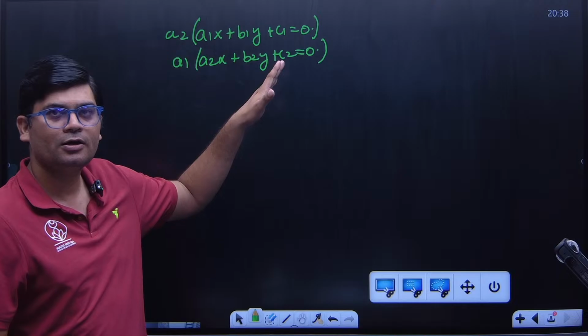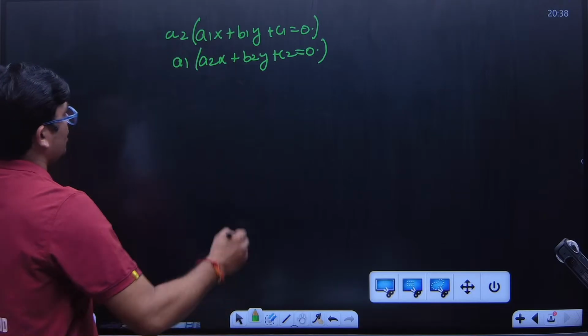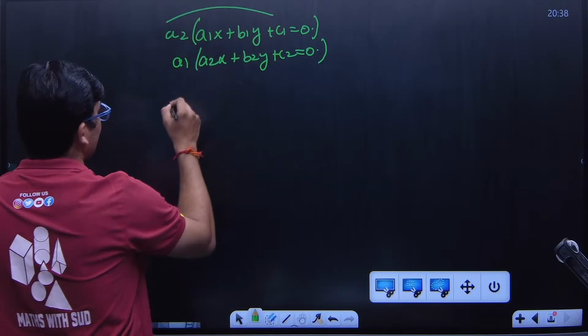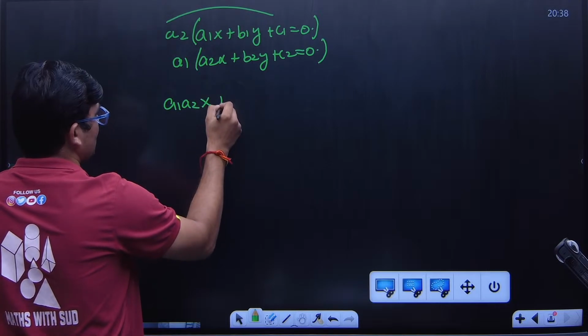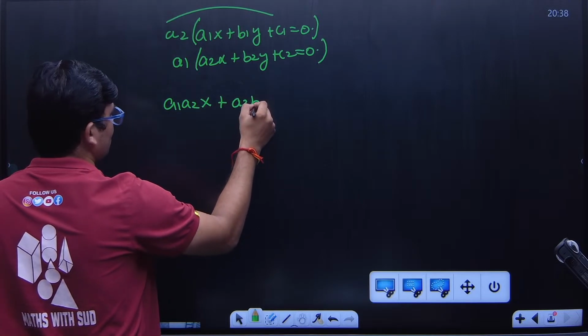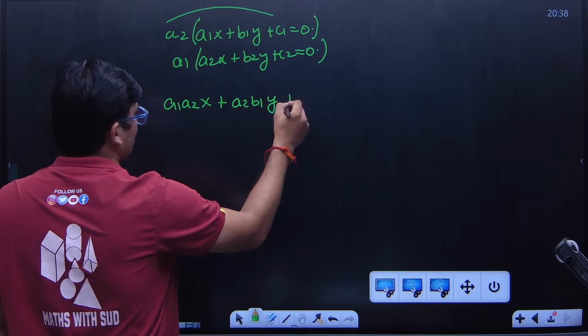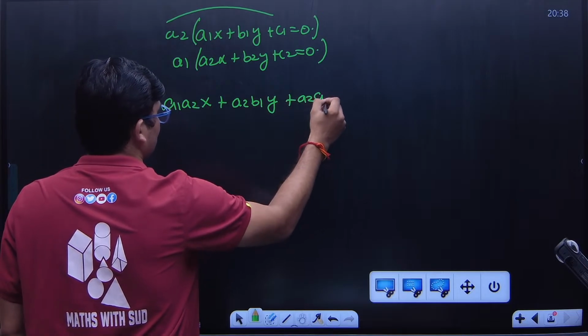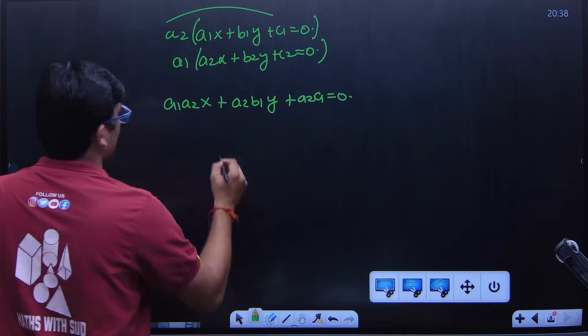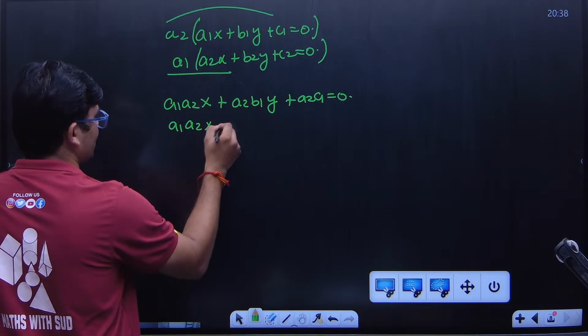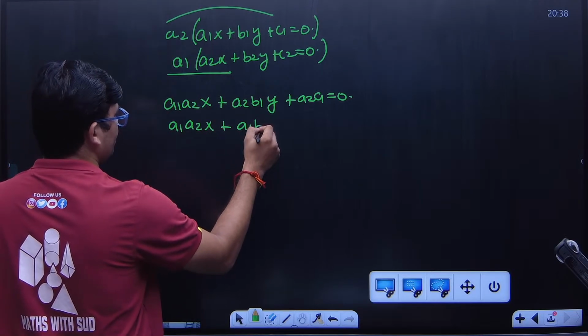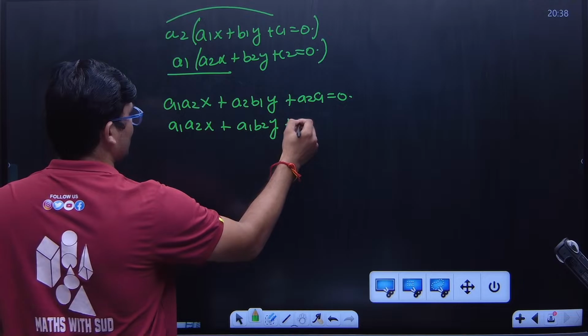Now this equation becomes a1 a2 times x plus a2 b1 times y plus a2 c1 equal to 0.